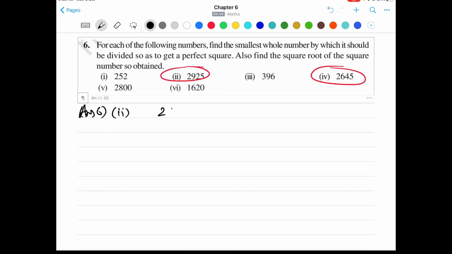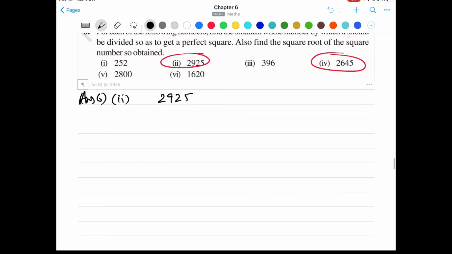Part second is 2925. Okay, we have 2925 here. Let's find its prime factors. First, 2925. Clearly, as this number has 5 as its ones place, we'll divide this number by 5. By dividing by 5, we get 5 here, carry will be 4, so this will give us 8 and 5. Okay, 585. Now again dividing by 5, we'll get 117.